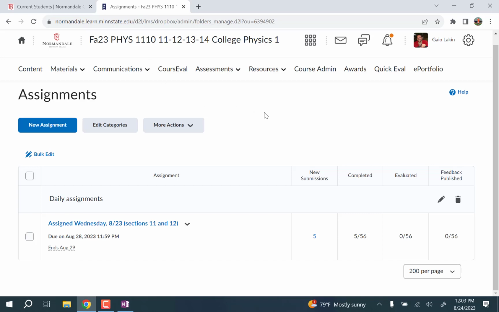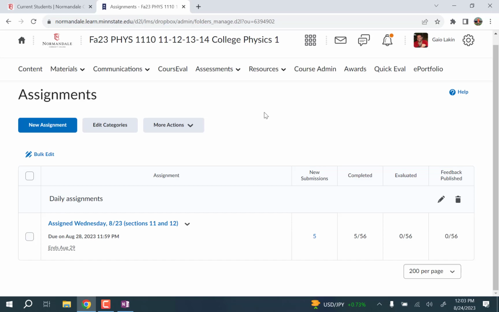Also, everybody has had their first lab, so you know where the lab is and everything. A lot of people were late. It's okay, it's a new thing. But starting next week, I'm going to start every lab with about a 20-minute discussion of what you are going to be doing. And if you miss that, it's very hard to do the lab, okay?